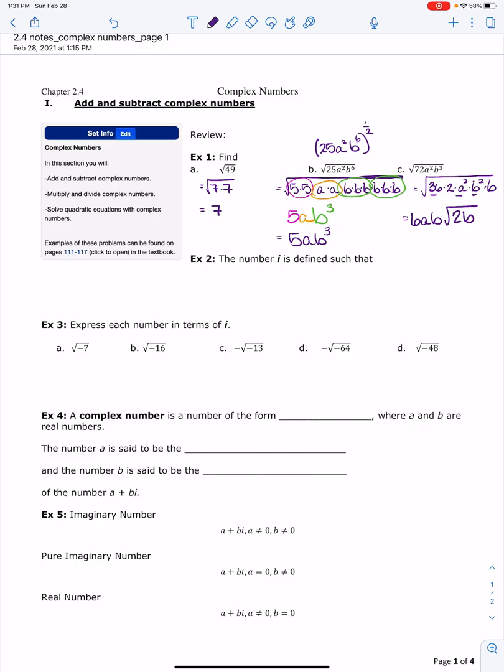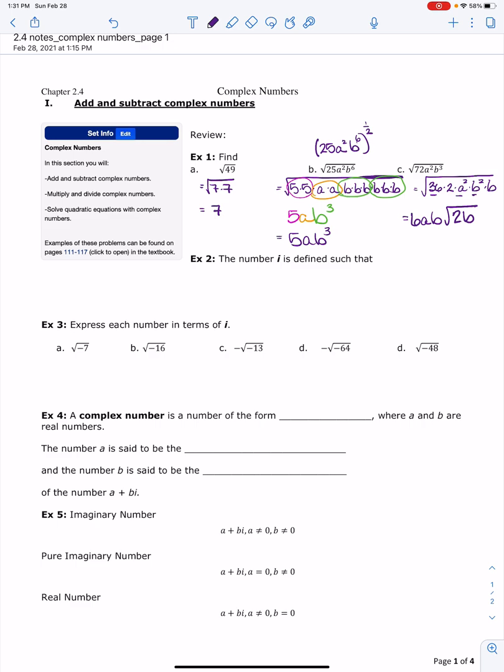There are times when we will have something under the radical that we cannot get a real solution for. You've been told over and over and over that you cannot take the square root of a negative number. Sometimes we need to be able to work with those square roots of negative numbers and get to a point where we get a real solution.